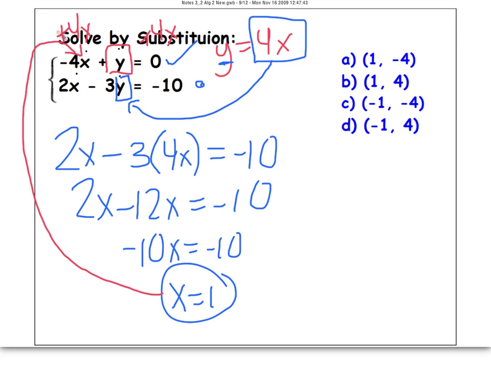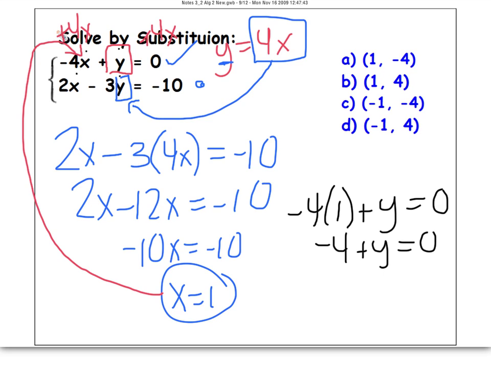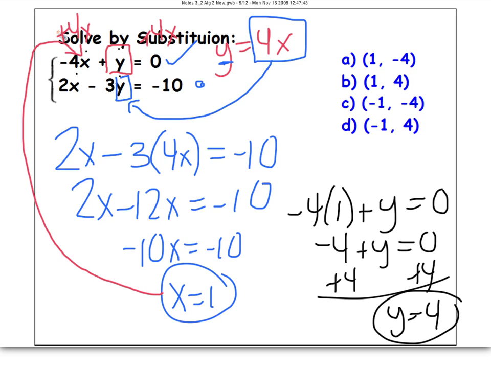So that's going to leave me with negative 4 and then a 1 plus y equals 0. That's just negative 4 plus y equals 0. Get y by itself, add 4 to both sides. Therefore, y equals 4. And the ordered pair answer is 1, 4, which is letter B.